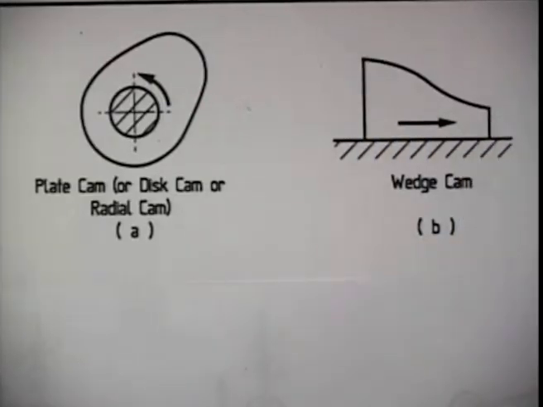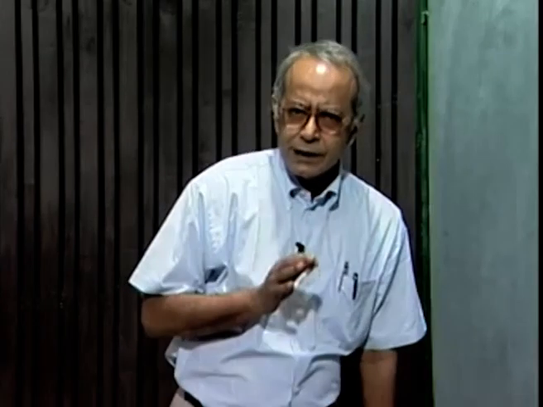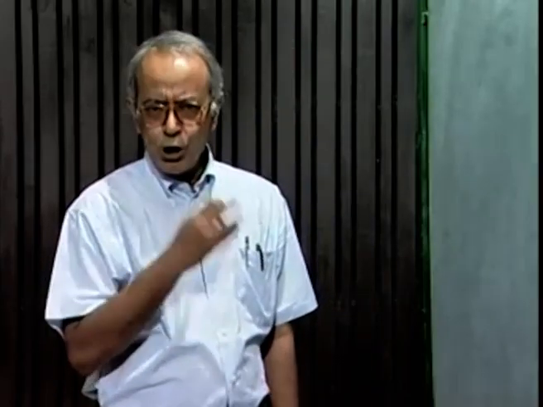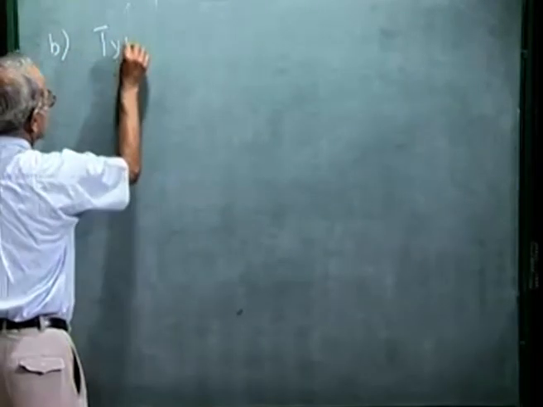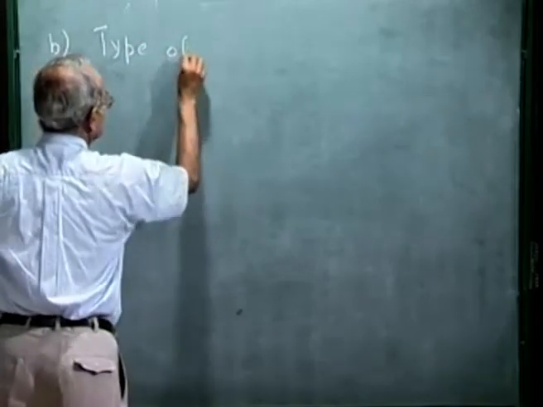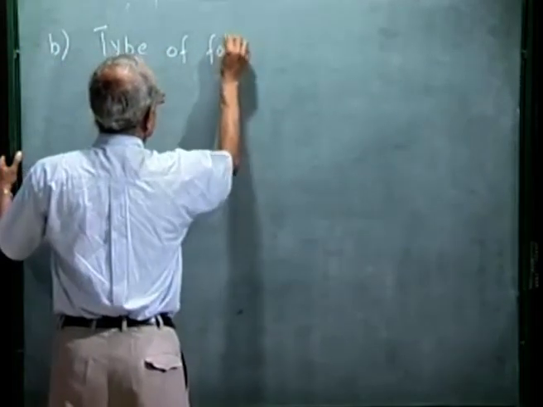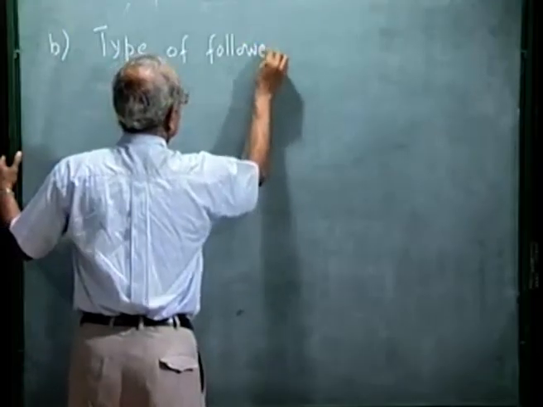Our next classification will be based on the type of movement that the follower has. As I said just now, the cam can be classified also on the basis of the type of movement that the output member or the follower has. Accordingly, the second classification is based on type of follower movement.